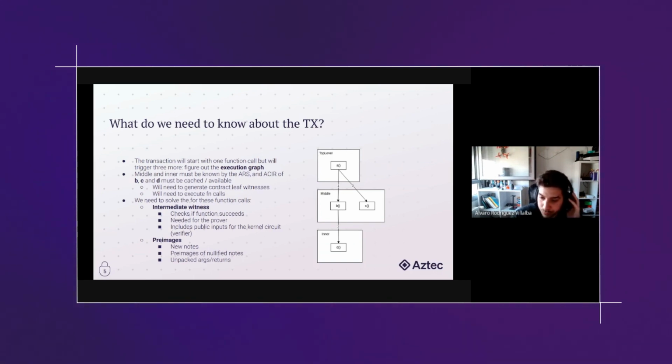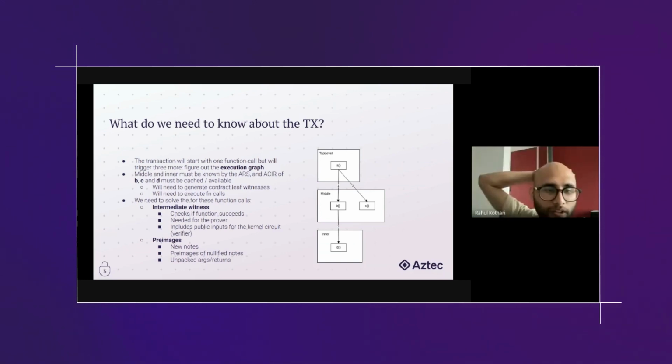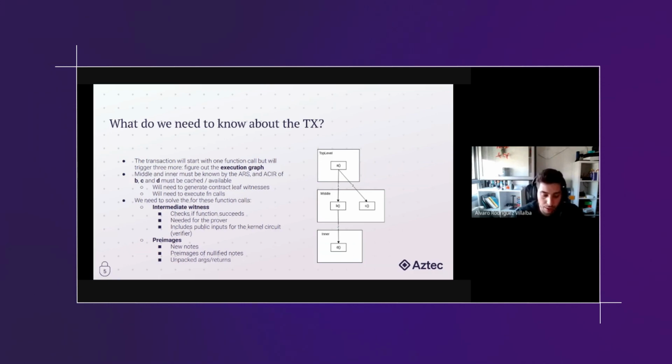Yeah. So could you go over again how to generate this intermediate witness? Yeah, so right now the ACVM, that is a module of the Noir team, has a partial witness generation, or intermediate witness generation. And what it does is it takes all the opcodes and basically tries to figure out all the missing data in the witness, if I'm not mistaken. I'm not an expert in Noir at all, but if you have a constraint that is only missing one variable, then you can figure it out with the others.